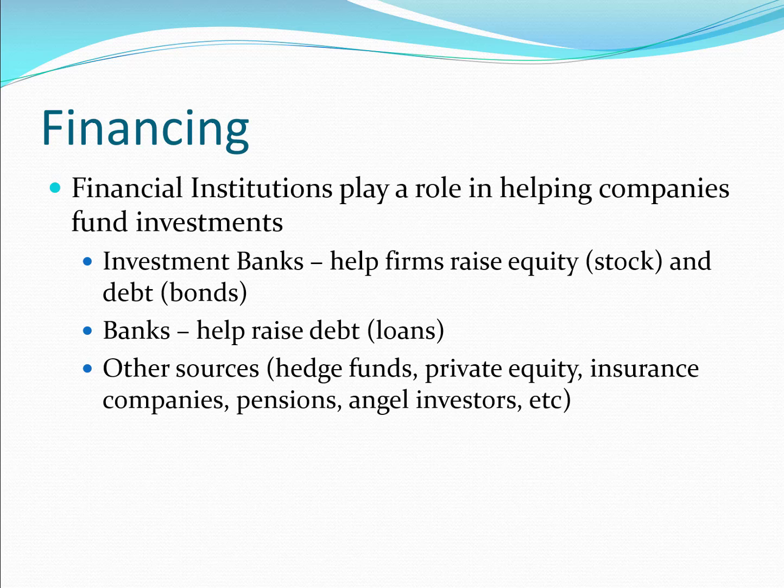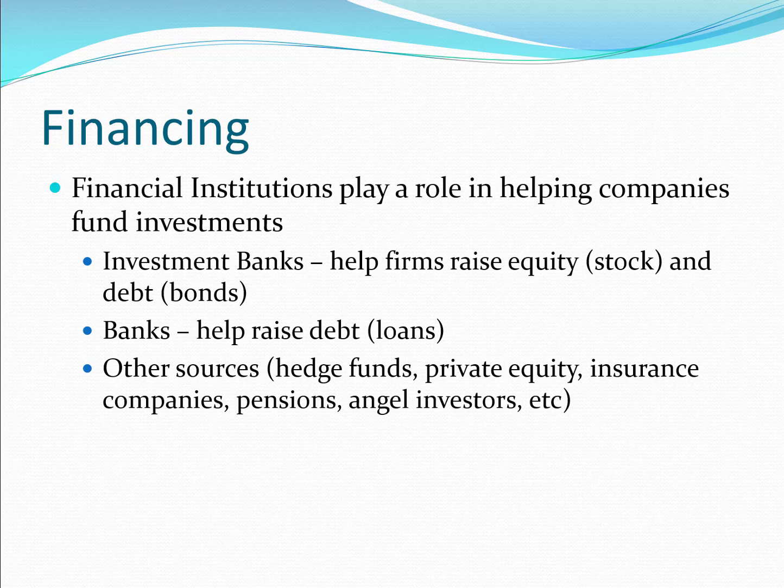So financial institutions play a big role in helping companies fund investments. Things like investment banks, which help firms raise equity or sell new stock, as well as issuing new debt by selling bonds in the marketplace. There are banks, regular commercial banks, that help raise debt, so they'll make loans to companies.